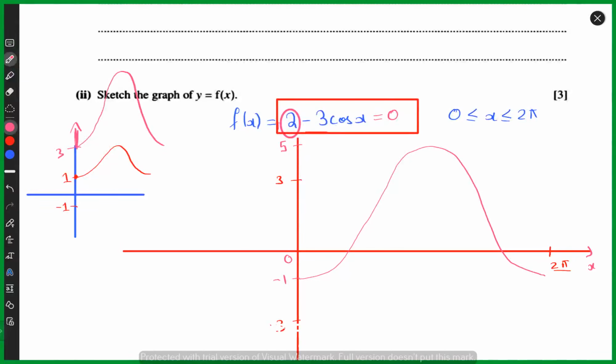So always remember, stretch and reflection has to be done first because it is multiplication, and according to BODMAS, multiplication comes first and then comes addition. This is something that I clearly explained during the lectures, if you remember. This is what you would get for this case, and this is what the correct graph is.